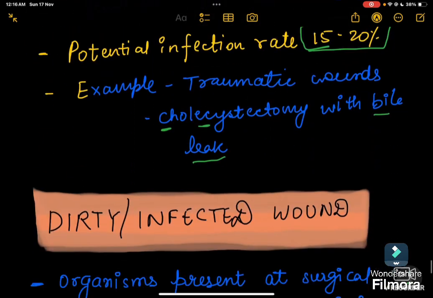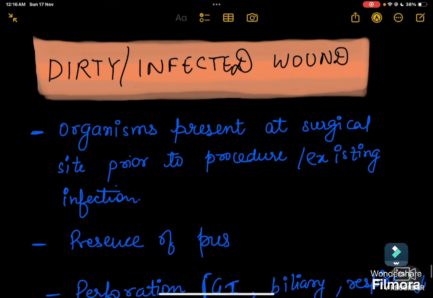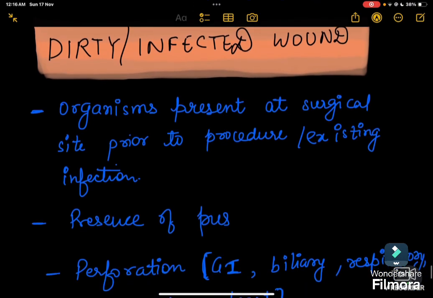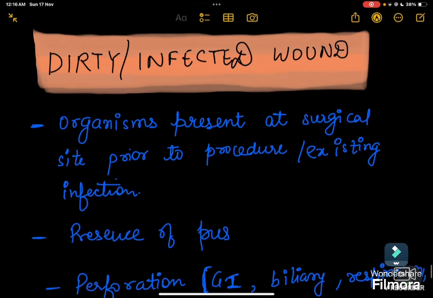Okay. Now the last, dirty infected wound. Since the name indicates, there is much more infection than the previous category. So the organism is present at the surgical site prior to the procedure, existing infection, means before we proceed for surgery, infection was there.